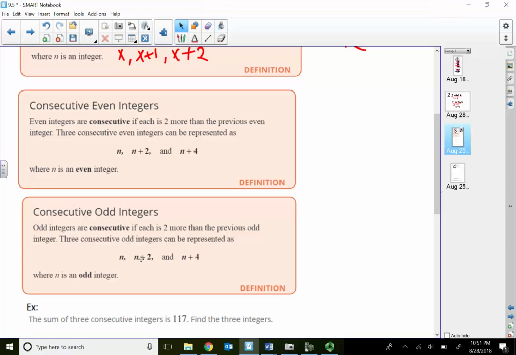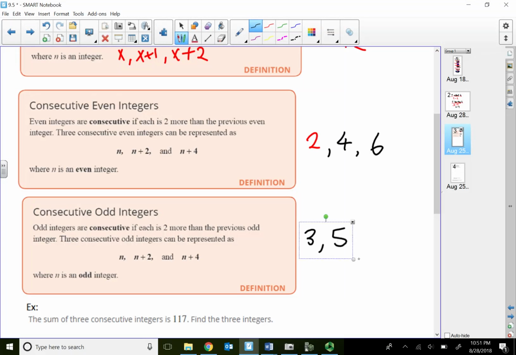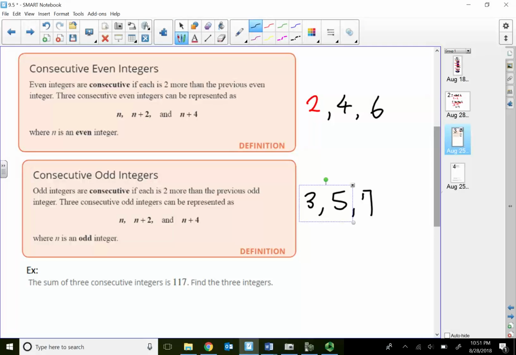For consecutive even and odd integers, I'm going to write it down. Consecutive even integers: if I start out with the first even integer as 2, the next one has to be 4, and the one after that has to be 6. For consecutive odd integers, if the first one is 3, the next odd integer is 5, and the next one after that is 7.